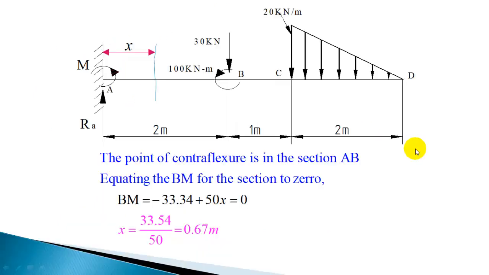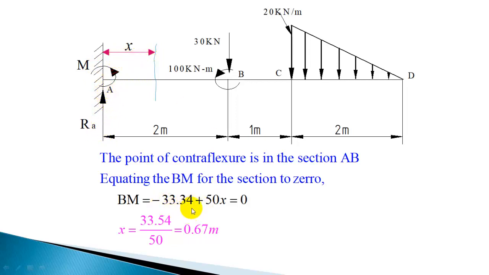So let us write down the bending moment equation for that section. So we are taking a section at a distance x from left end. Now there are only two moments, and that is a resisting moment minus M, and due to this reaction Ra into x. So we know both the values. This is minus 33.34 and this is 50 into the distance is x.